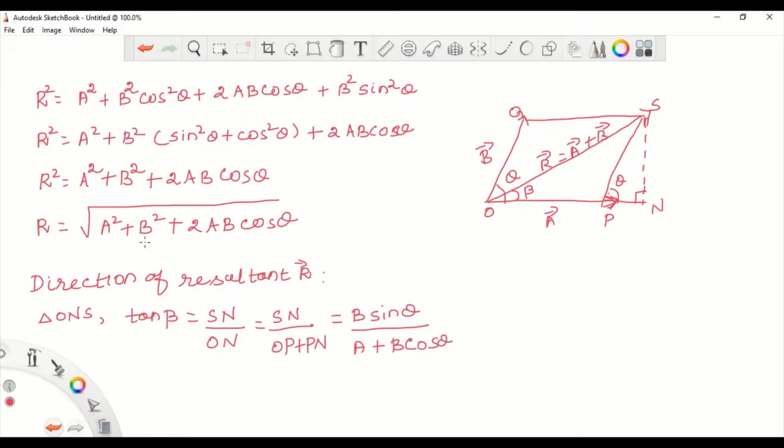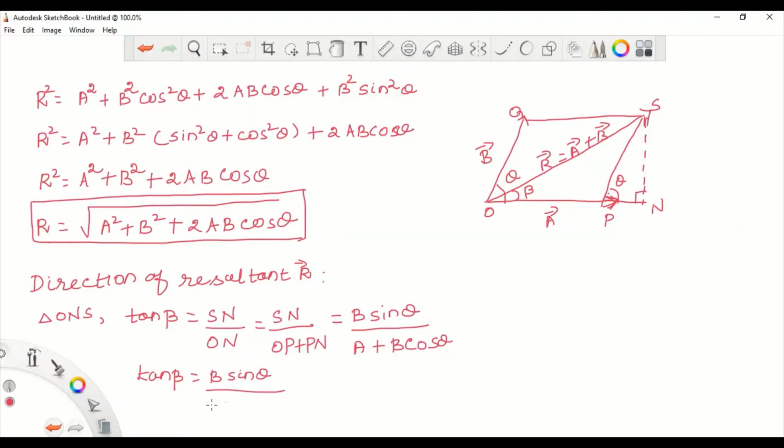So this is the formula to find the magnitude of the resultant. And this is the formula to find the direction, that is tan beta is equal to B sin theta divided by A plus B cos theta.